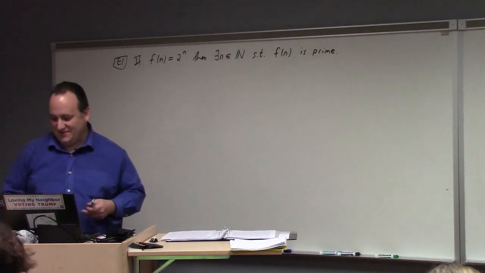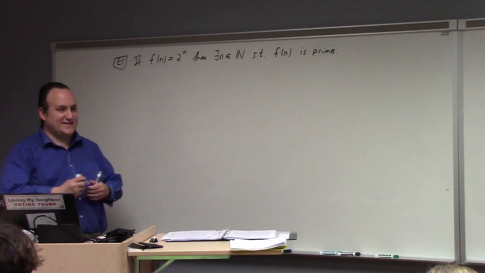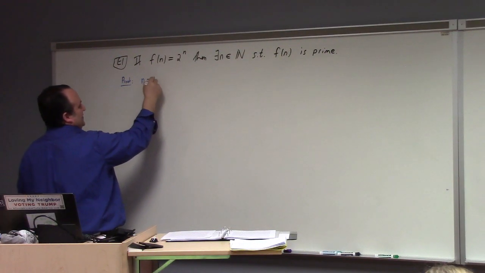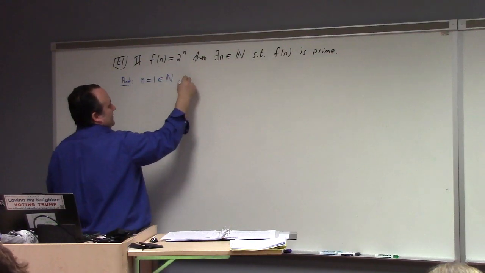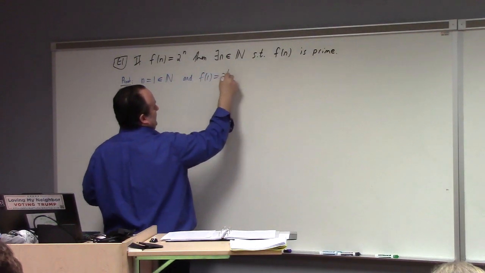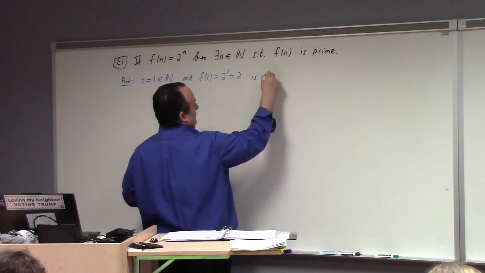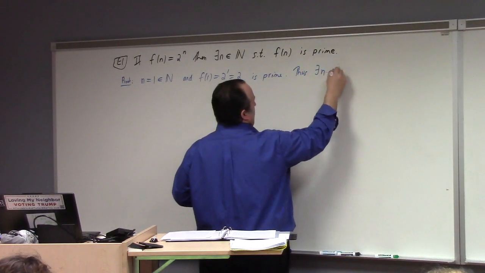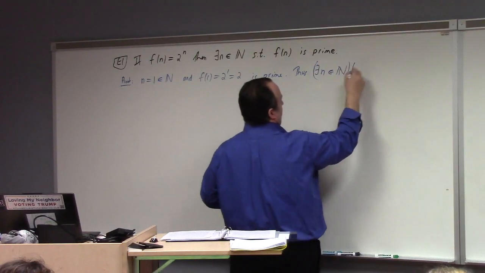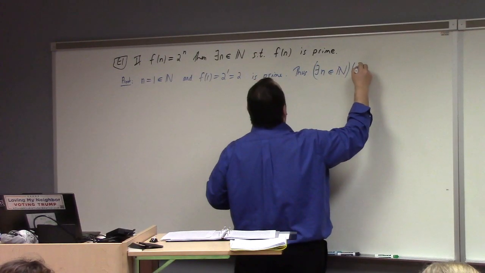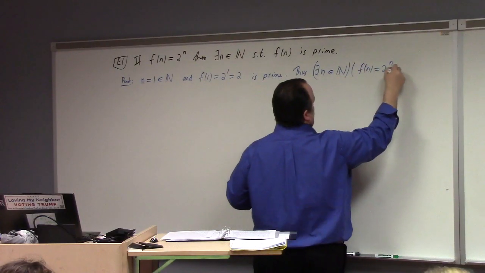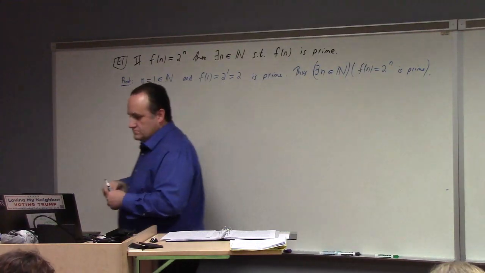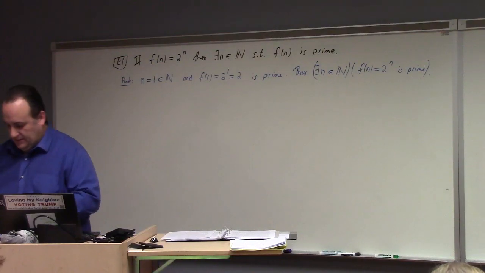All right, this is a very, very short proof, because the proof goes like this. n equals 1 is a natural number, and f of 1 equals 2 to the 1 equals 2, which is prime. Thus, there exists n in the natural numbers such that f of n, 2 to the n, is prime. There you go. Not much to say there, right?